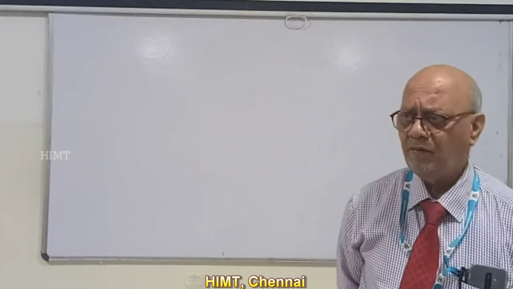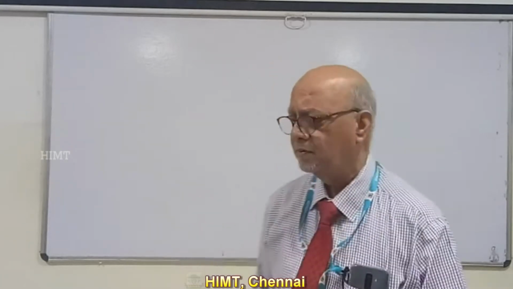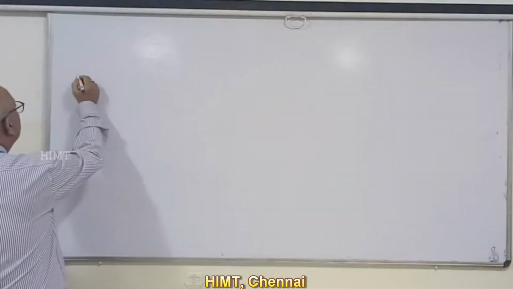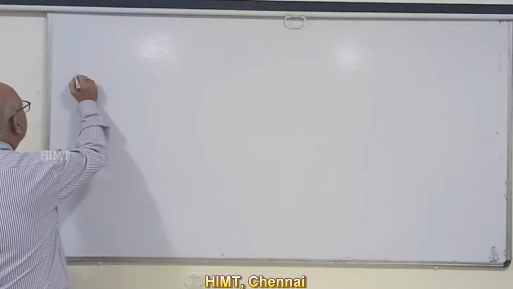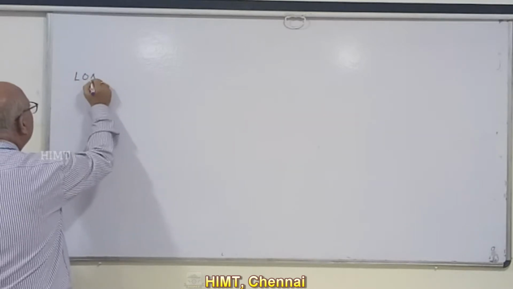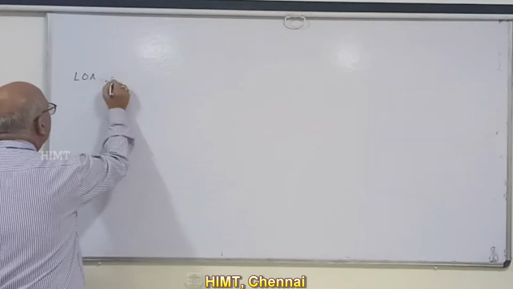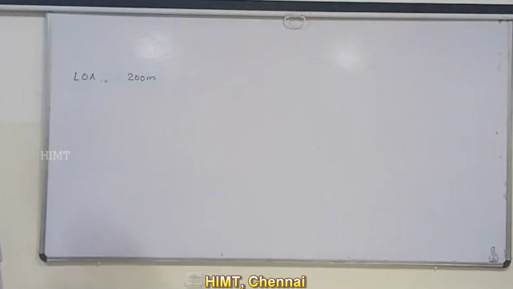So let's say that we are going to bring one ship to Mediterranean moorings, and ship's particulars: length overall, 200 meters.